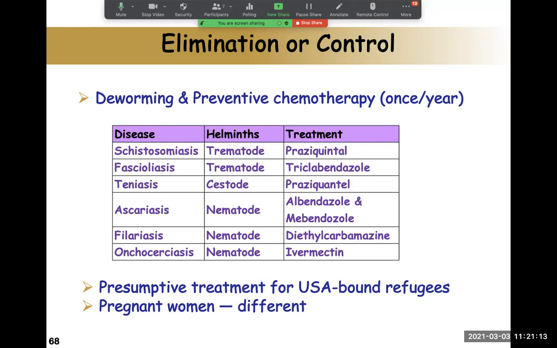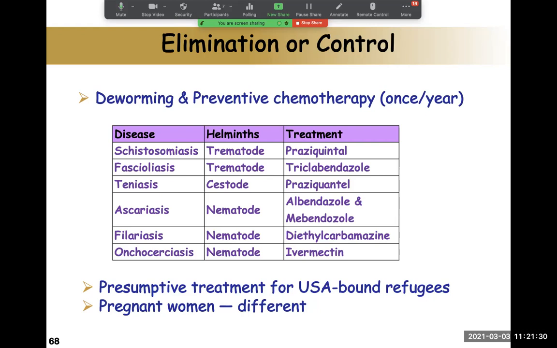Whether it's schistosomiasis, fascioliasis, which is a fluke, taeniasis, ascariasis, filariasis, or onchocerciasis, for all of them you just need one drug, once a year, to give everybody, right?